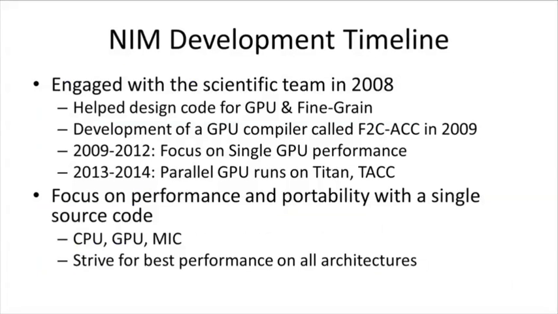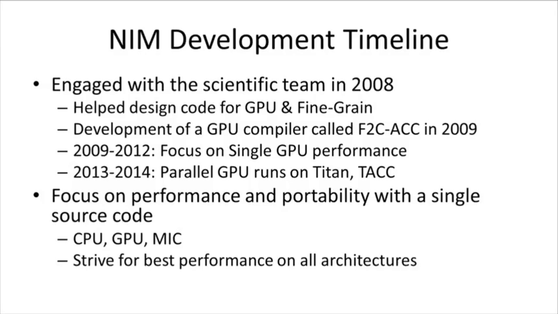Yeah, okay. So this has been a team effort from the very beginning in the NIM. The computational scientists, along with the domain scientists, have been working together to design it for GPU and especially fine-grained. The early work was before Intel had a competitor to the NVIDIA GPU, so we were focused primarily on GPU, but they map very well.